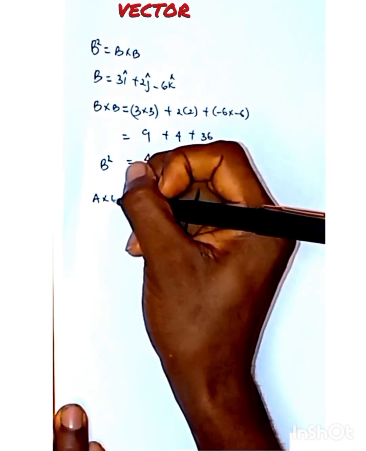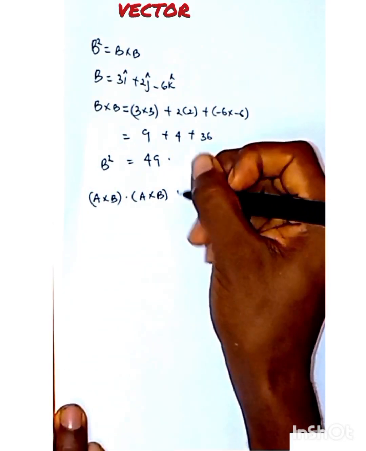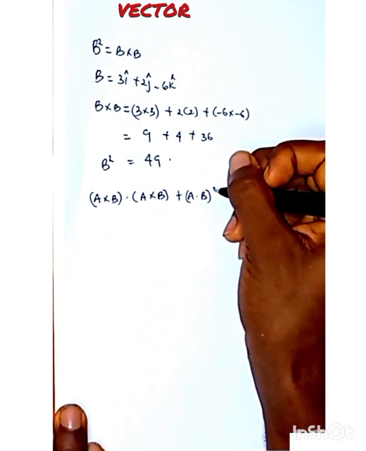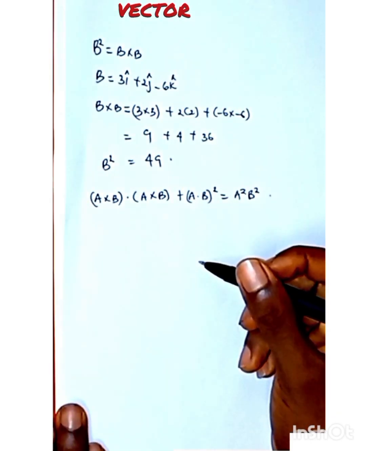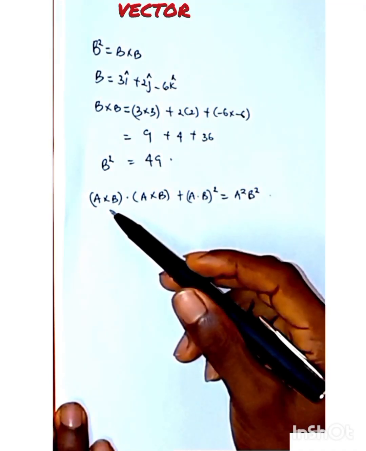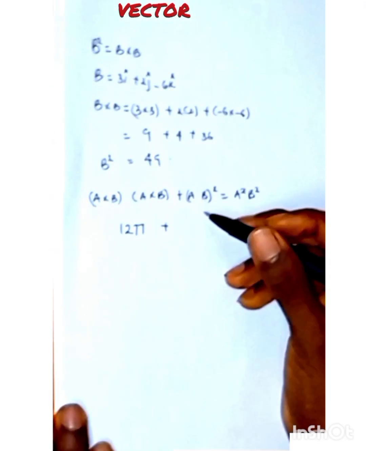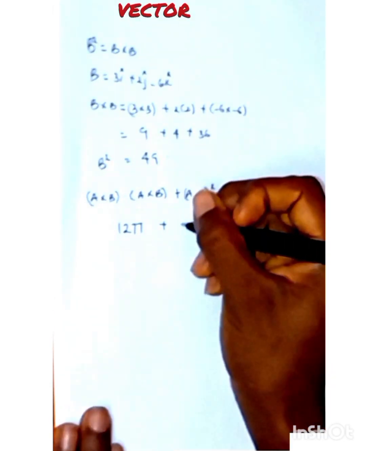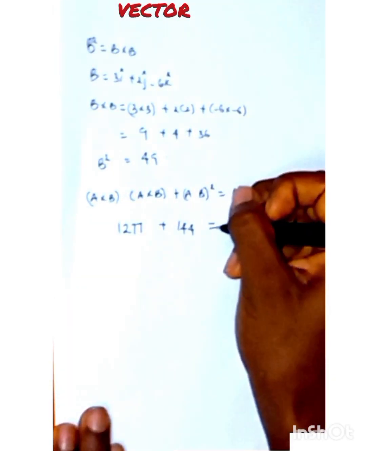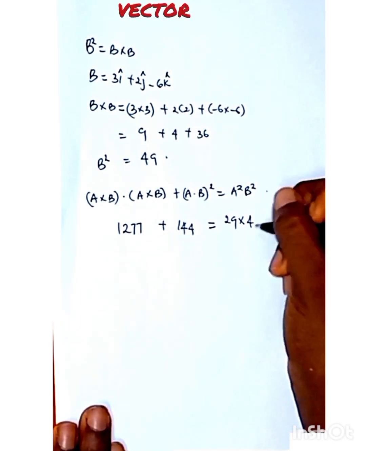Now A cross B dot A cross B plus A dot B all squared equals A squared times B squared. We already have that A cross B dot A cross B is 1277, plus A dot B squared, which is 144, equal to A squared, 29, times B squared, 49.